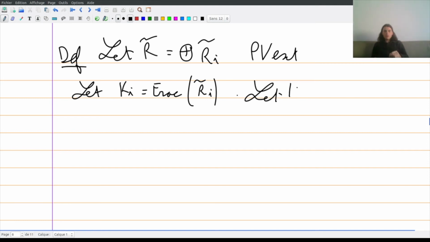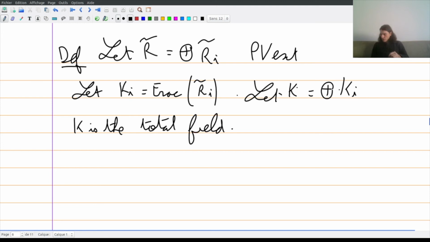And I may consider the direct sum of Ki. Okay. So it's a direct sum of fields, and K is the total field, the total Picard-Vessiot ring. So it's a total field of fractions.